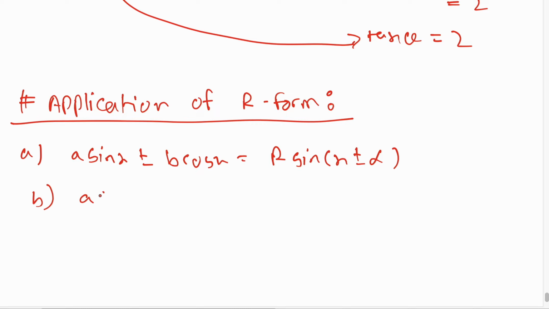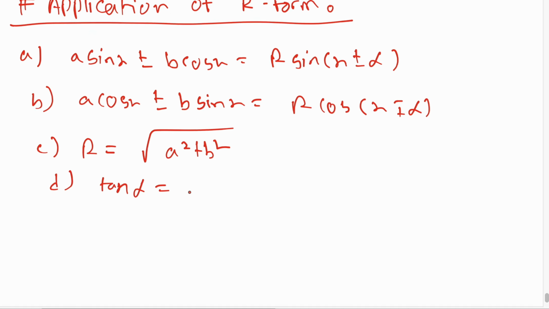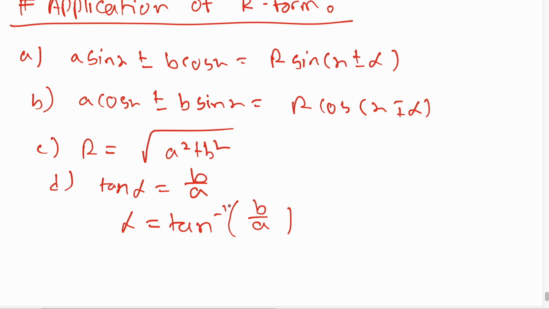Then a cos x plus or minus b sine x is equal to r cos of x minus or plus alpha. For r we can calculate the square root of a squared plus b squared, and tan alpha is always b by a. That means alpha is equal to tan inverse of b by a.